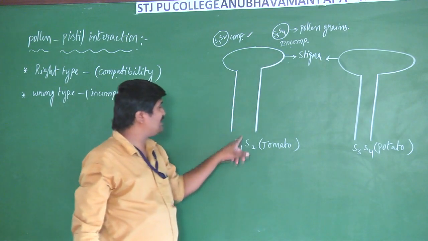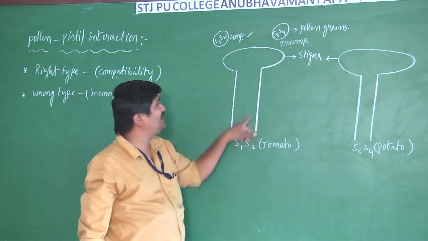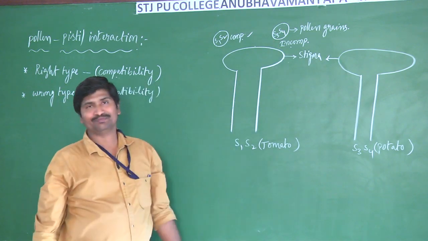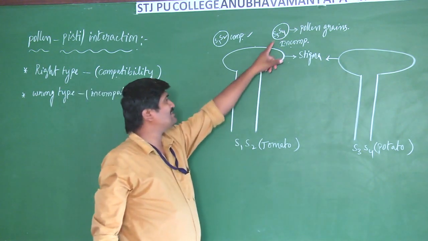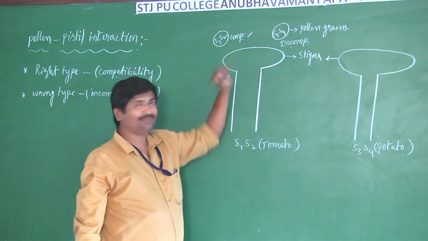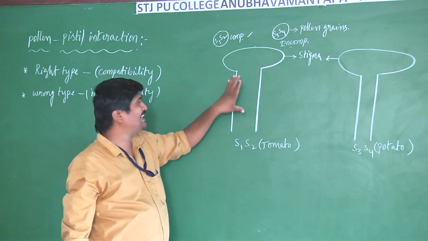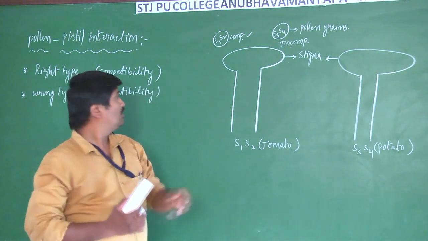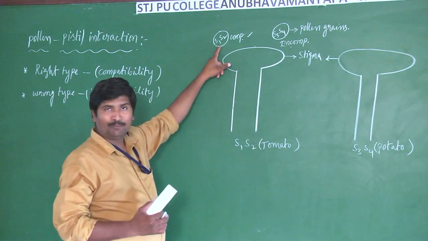Here the genes are different, so this kind of pollen grain is rejected. These pollen grains cannot germinate on the stigmatic lobe because the genes are different. The germination of pollen grains on the stigmatic lobe is inhibited.